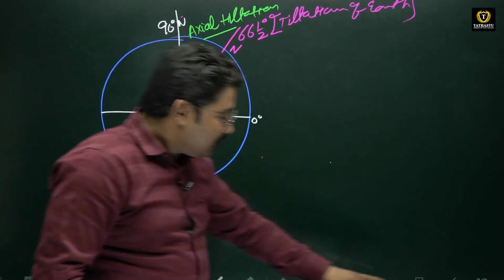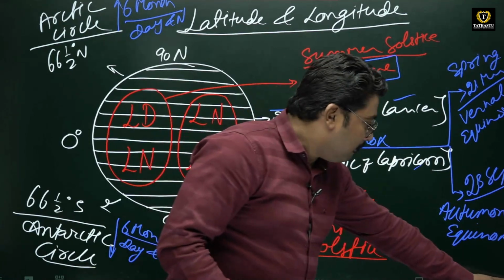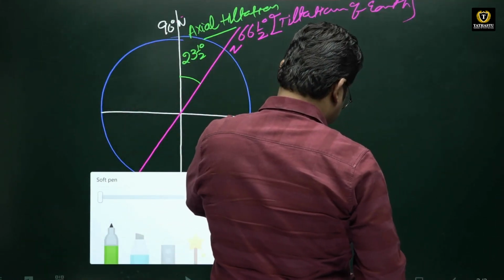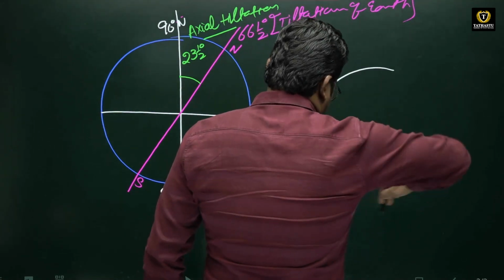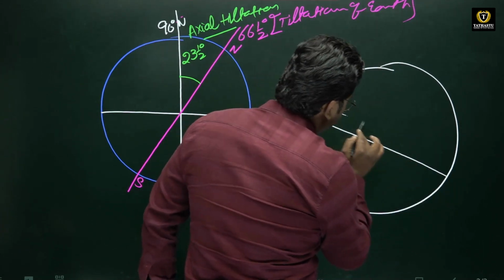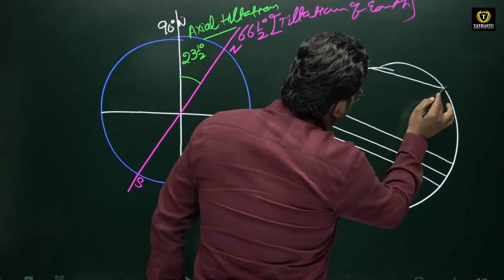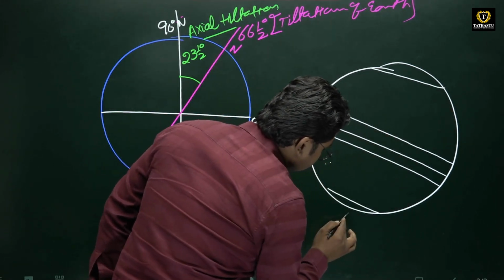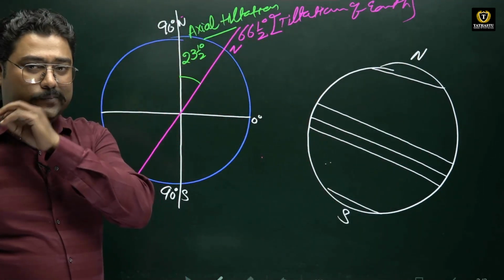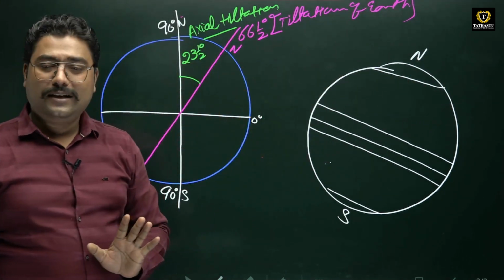This means the diagram which we draw straight is not like that, but rather the original diagram is like this, or you can say the actual Earth is lying like this. This is south and this is north. This is the tilt of Earth, or you can say Earth is tilted on its axis.